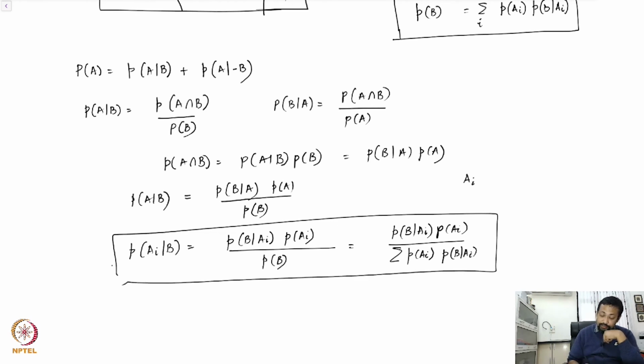So this is the generalization of the Bayes theorem. This relation that you see over here is the Bayes theorem.